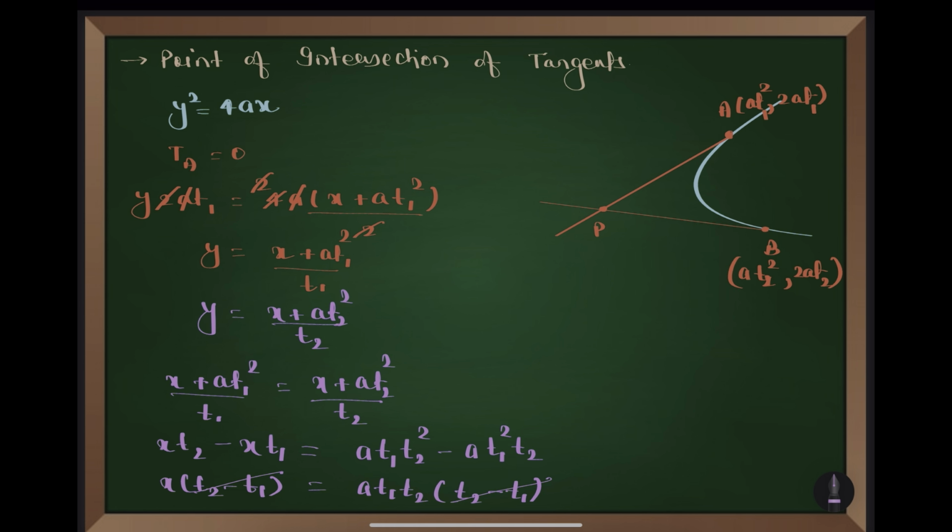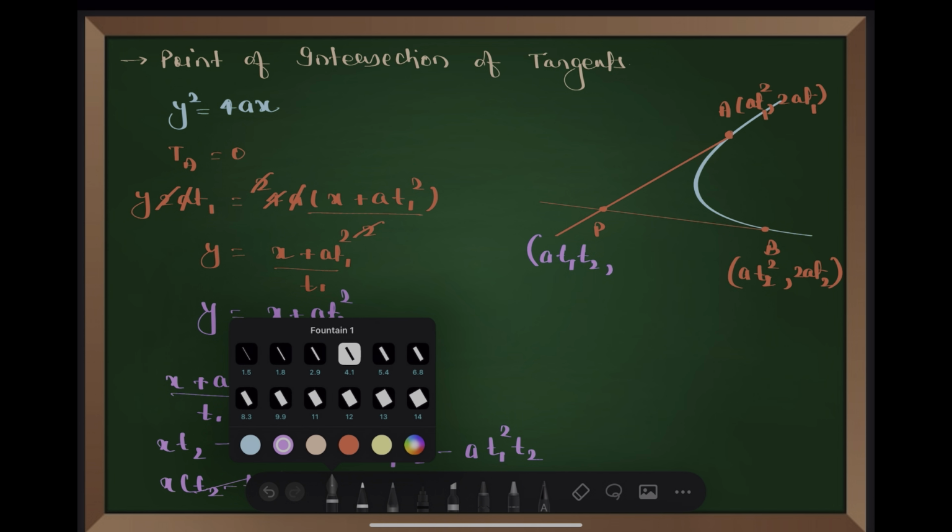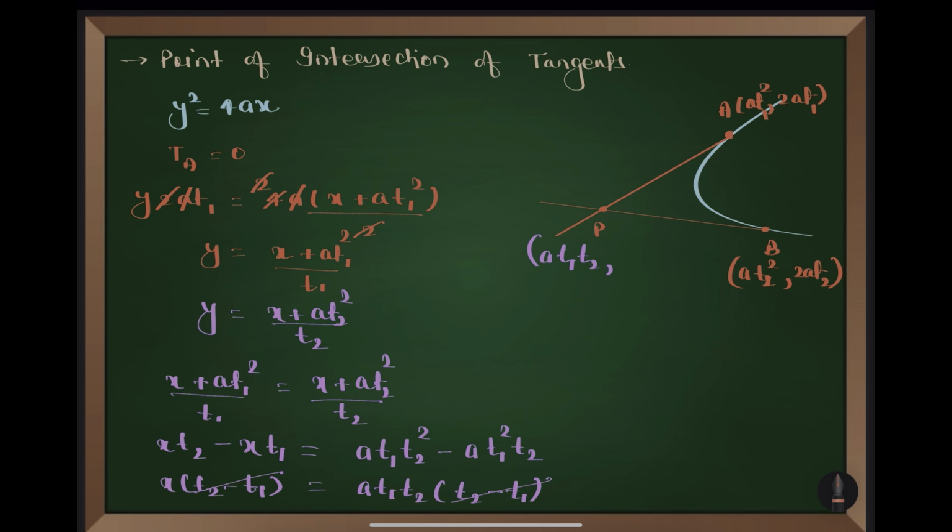Okay, so can I say that the x coordinate of P will be a t1 t2? Now x coordinate is okay. Now I have to find the y coordinate. So I'll substitute the value of x in one of the equations. Y was (x plus at1 square) by t1.